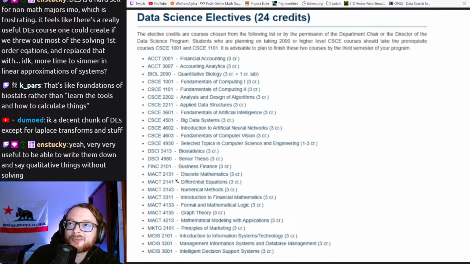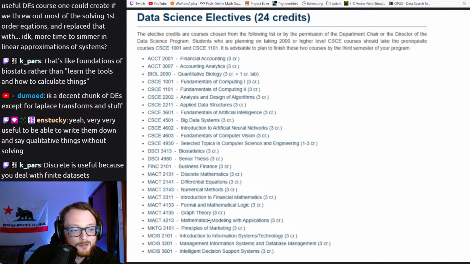I don't know, for data science, sort of. Numerical methods would not be a bad one at all. Graph theory could be helpful too. And then modeling. Yeah, these ones are kind of a toss-up. They have a bit of overlap with data science, but it's a little bit hard to sell that any one of them is more important than the other, in my mind.